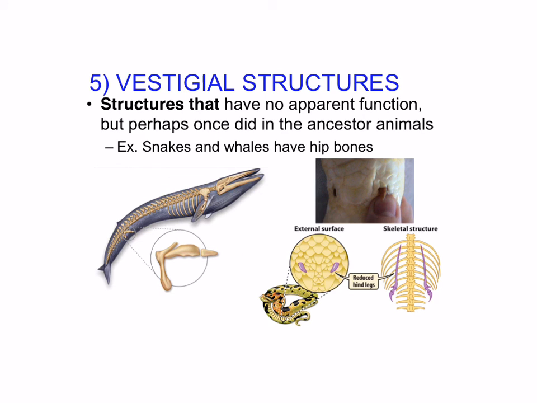Also, snakes don't have legs anymore, but they have hip bones. Here are their hip bones, and this little bone is their little femur bone, just like in the whale. But snakes don't use legs, and neither do whales, but they still have these bones, and the hip bones inside that you don't really see. This shows that at one point in time they did have legs.